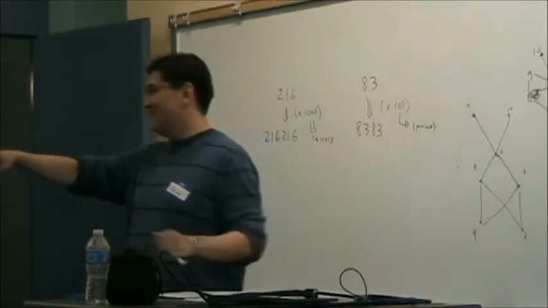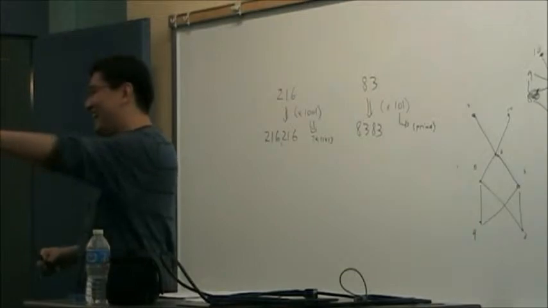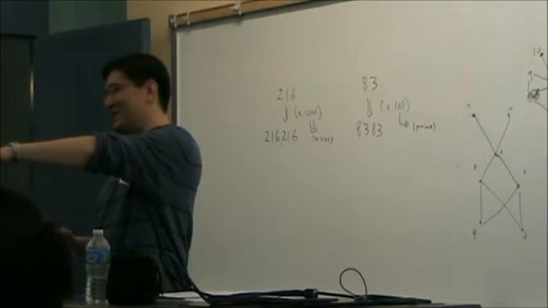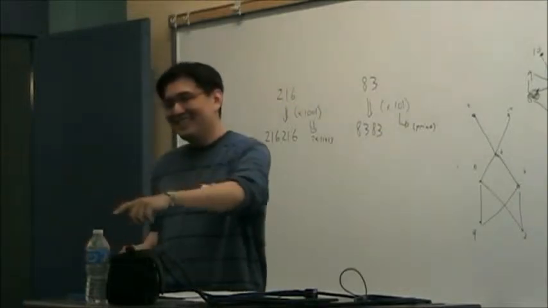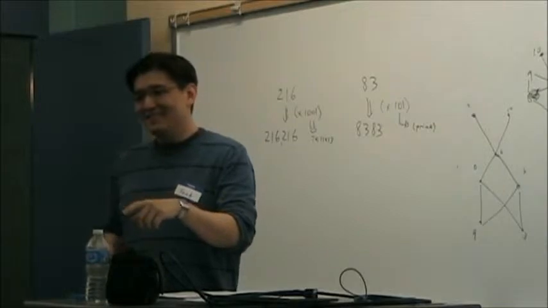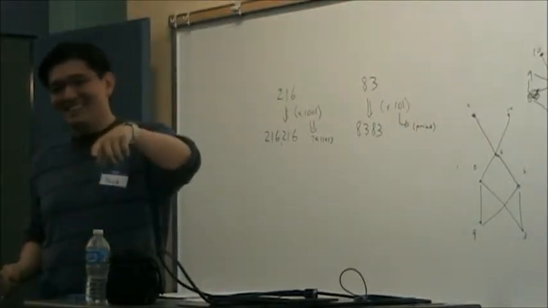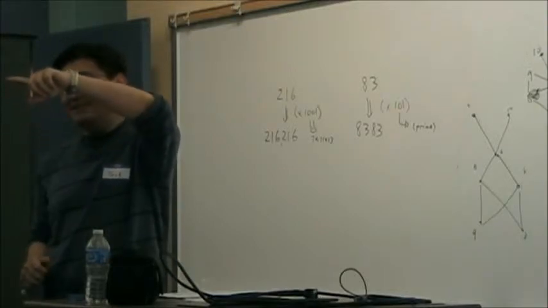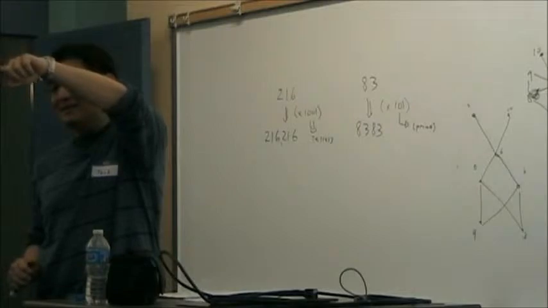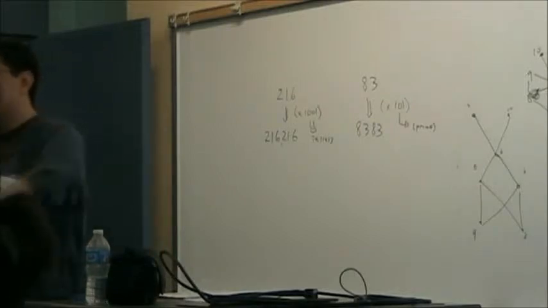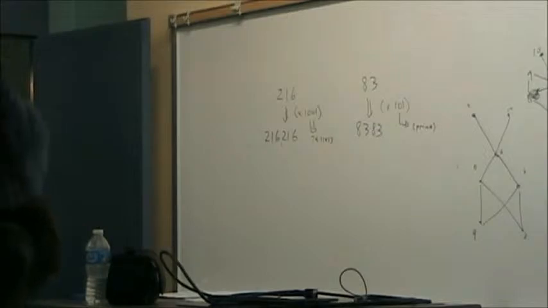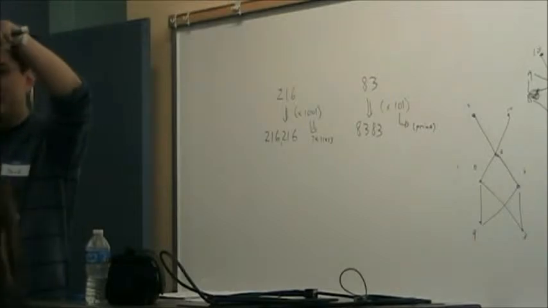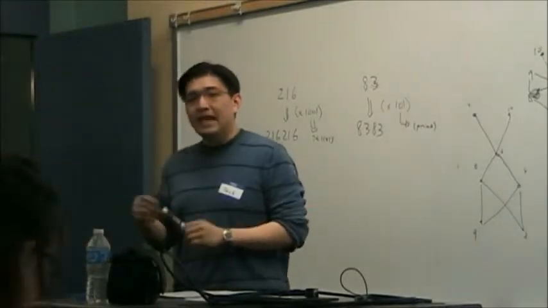Let's count off consecutively. 7, 8, 9, 11, 13, 14, 16, 19. You're making the multiplication graph for 19. So it's 20, 21, 22.